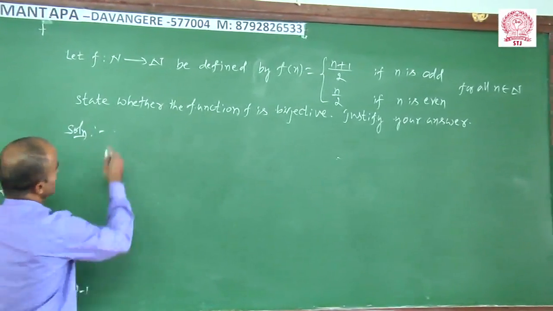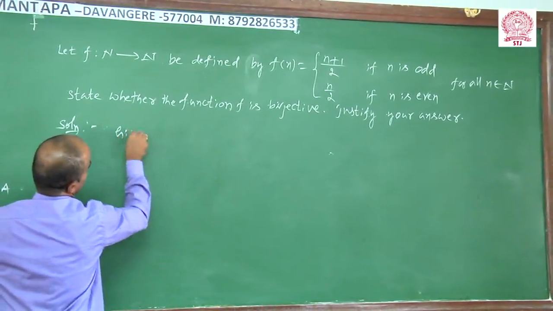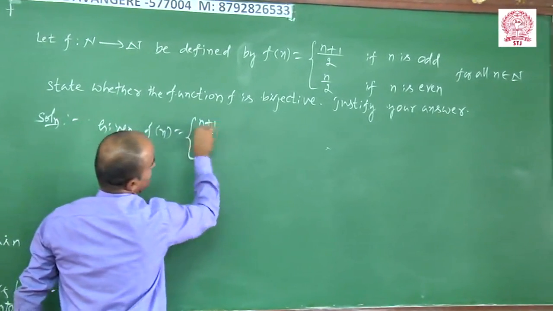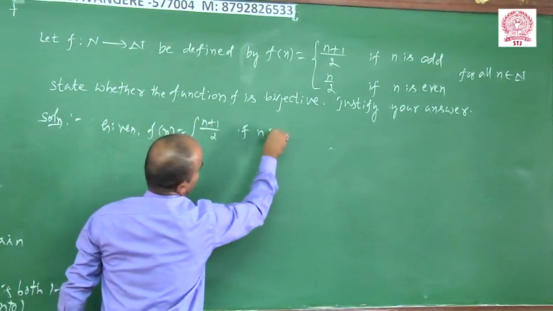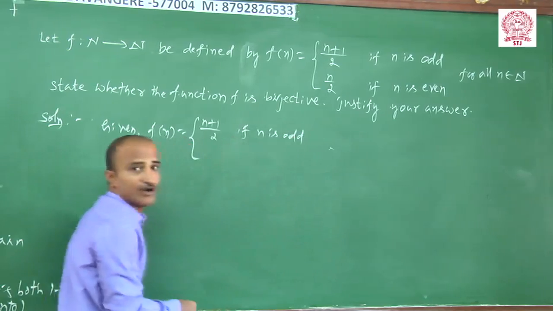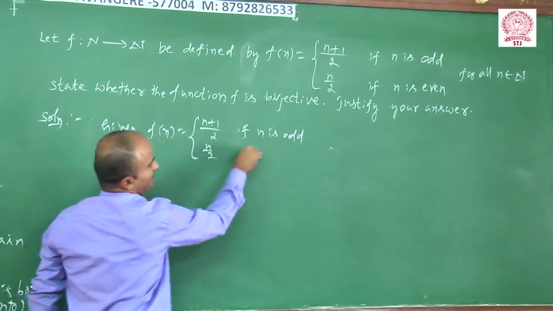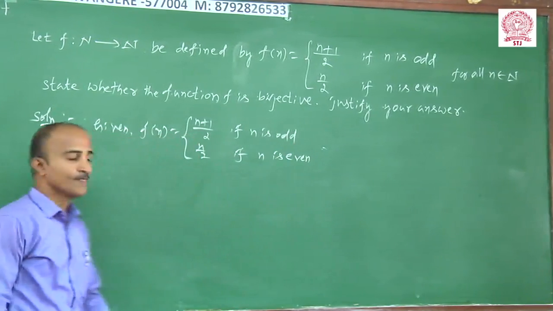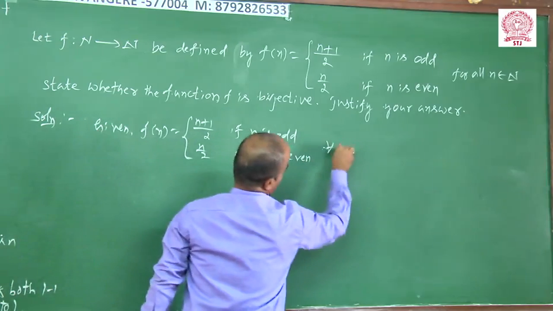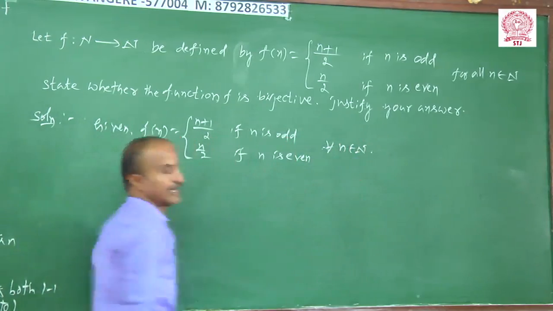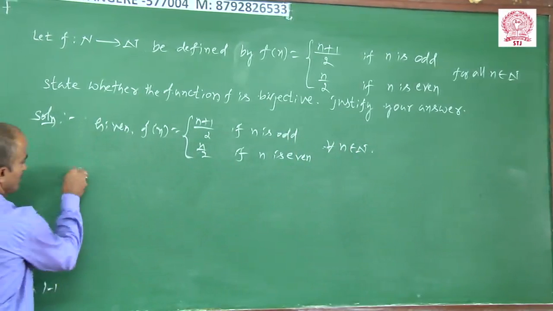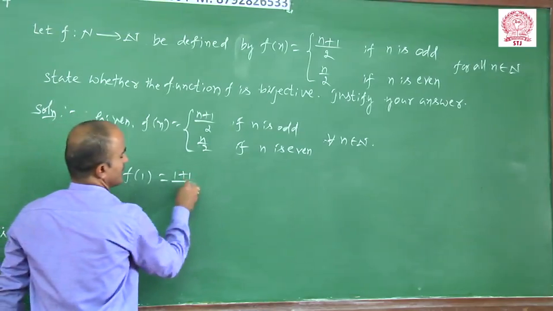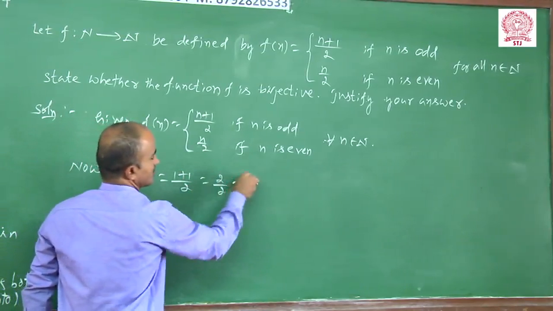Consider the given function. Given f of n equals (n plus 1) by 2 if n is odd, n by 2 if n is even, for all n belonging to N. Now, f of 1 equals (1 plus 1) by 2 equals 2 by 2 equals 1.